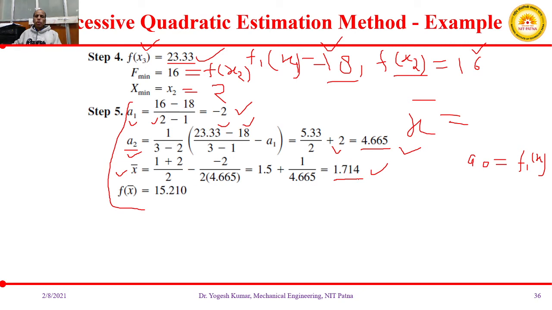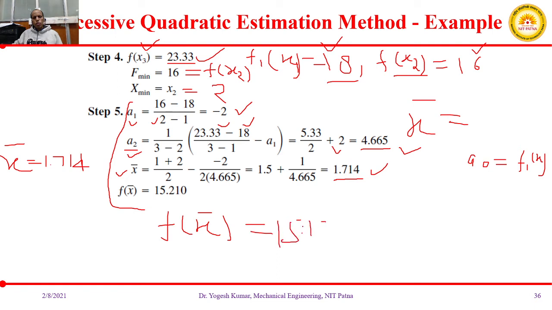So since you have got the value of x bar equal to 1.714, we can calculate f(x bar) equal to 15.210. So now we have 4 points.